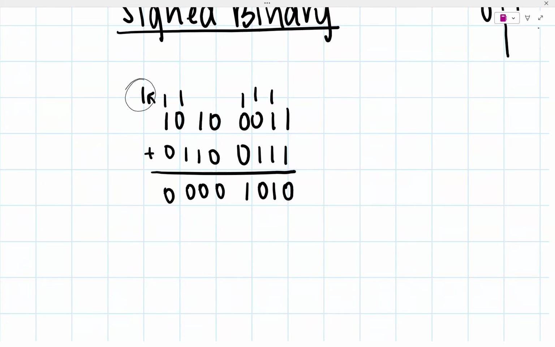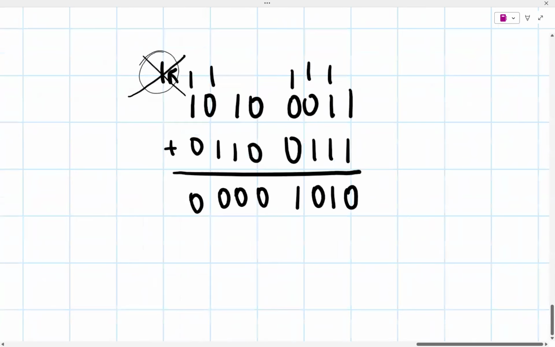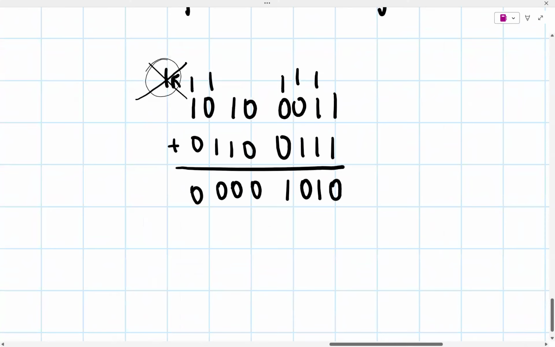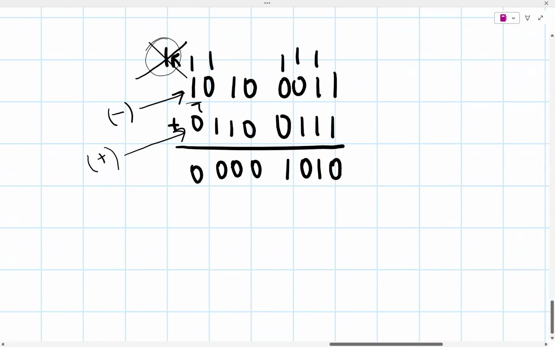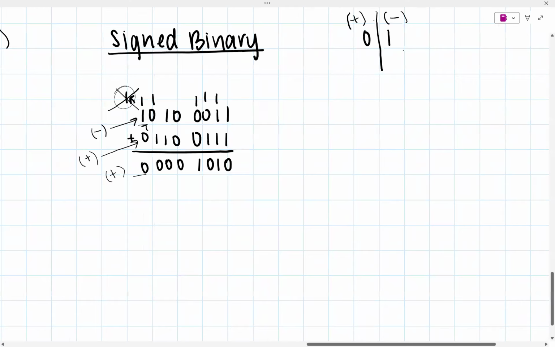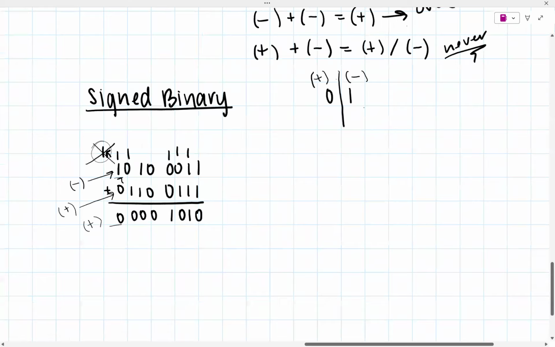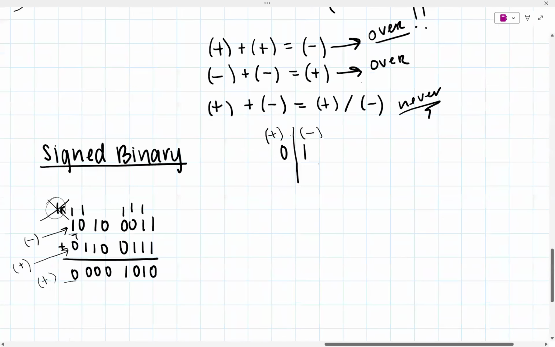But again, this is signed. It doesn't matter. Let's pay attention to the signs. So we already knew that we had a negative number, again, because this is 1, we know that's negative, and a positive number. And then we ended up getting a positive number. But remember, like I said, that doesn't matter. If we have a negative or a positive number, there will never be overflow.